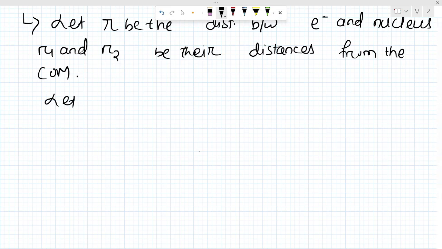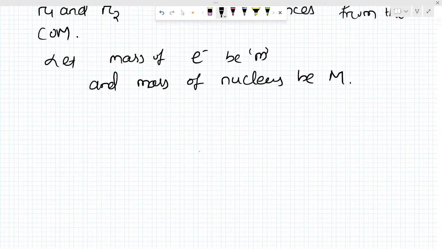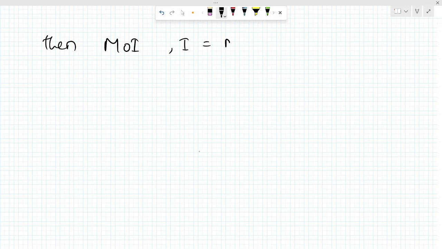Let the mass of electron be small m and the mass of nucleus be capital M. Then we can say the moment of inertia I is equal to m r1 square plus capital M into r2 square, isn't it?